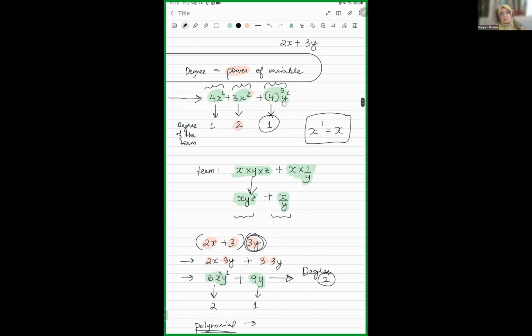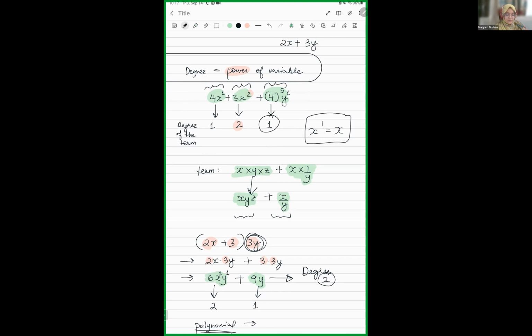Similarly, can you tell me what is the degree of this expression, the one that has 3 terms: 4x square plus 3x plus 4 to the 5y? The highest degree, yes.